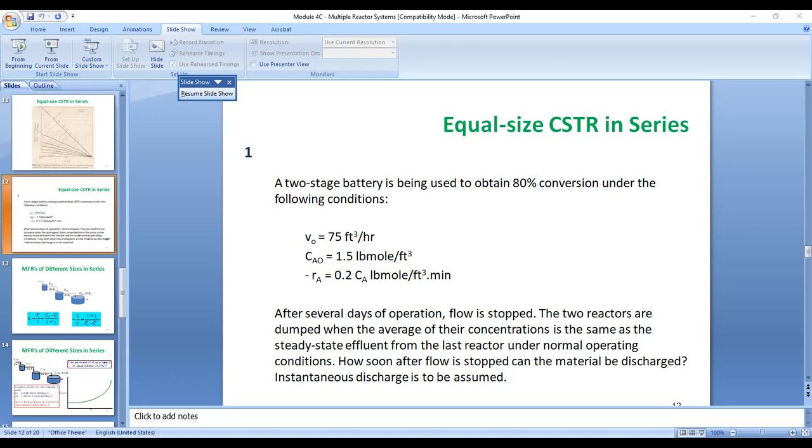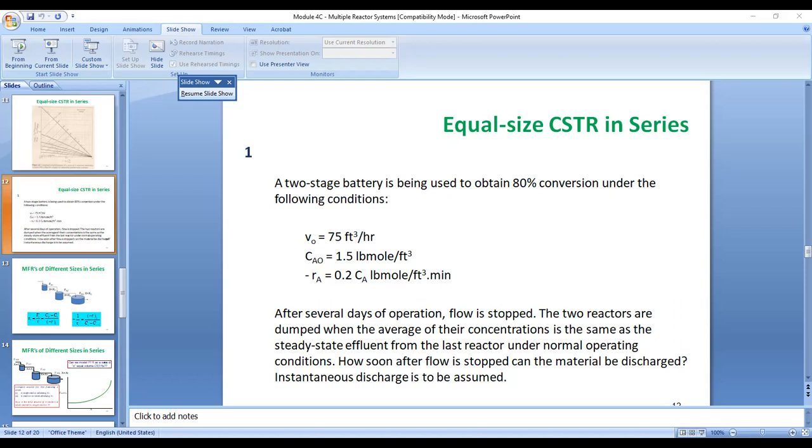So the condition that has to be met is that the average of the concentrations inside the two CSTRs after the flow was stopped should be equal to the concentration of the effluent from the last CSTR if they are processing the feed continuously. So the question is, what is this particular time? Now, do you understand the way I simplify the problem?